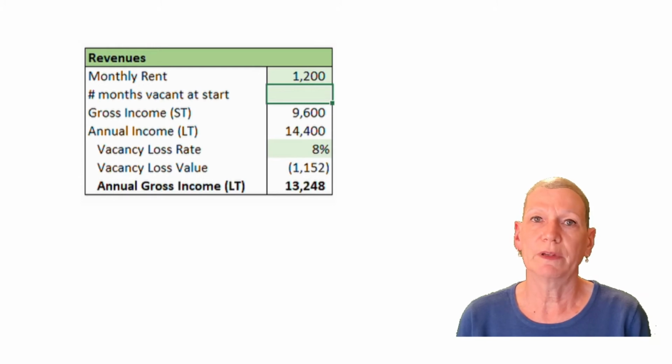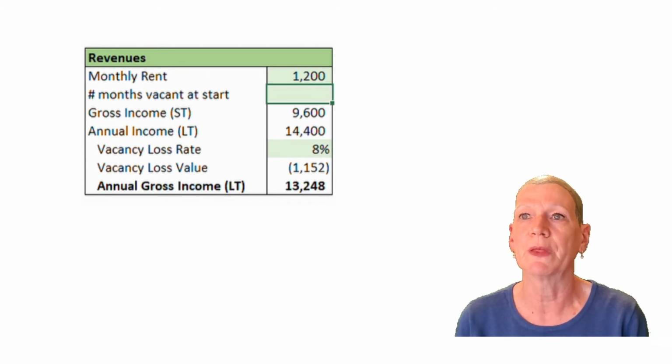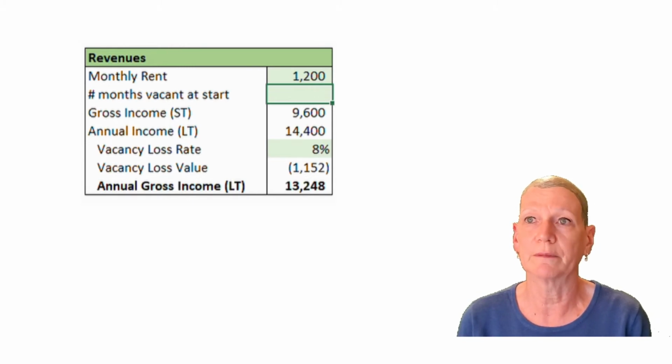If you don't have inherited tenants, you're doing this $32,000 rehab, so chances are the property's going to be vacant during that initial time frame. So there's going to be some period of time when you don't have rent coming in. And in this case, we're going to say 2 months.